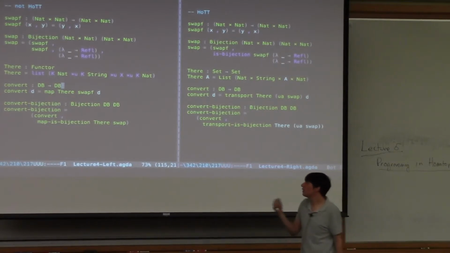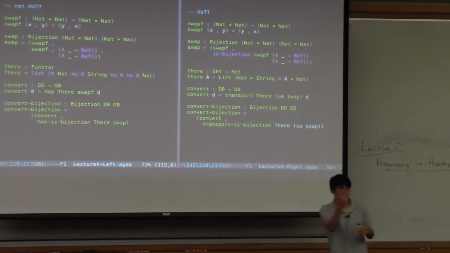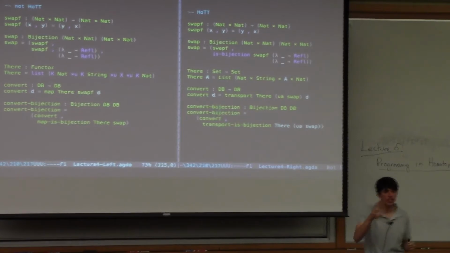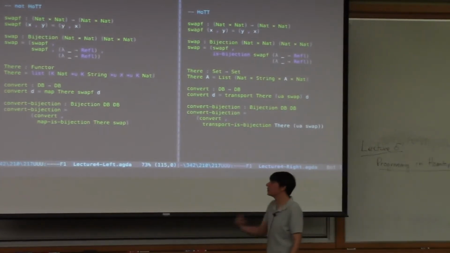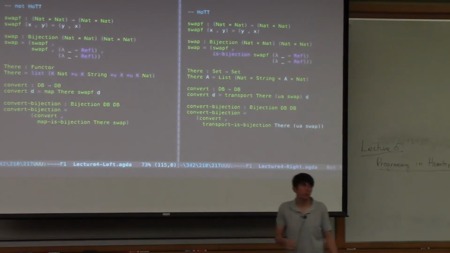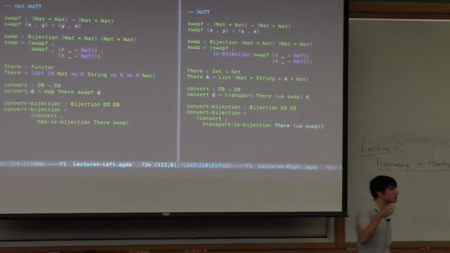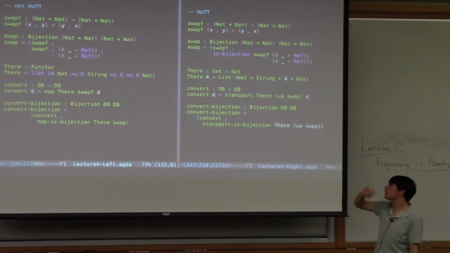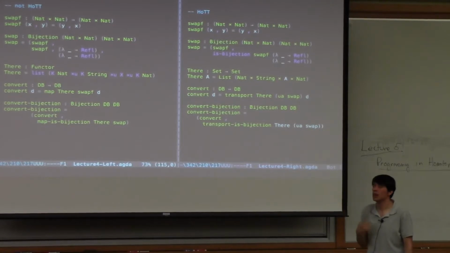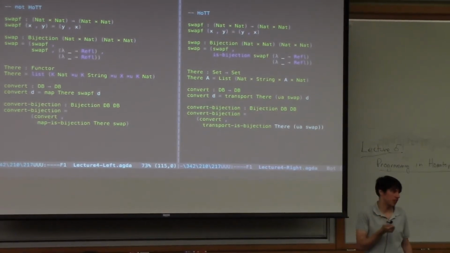And then we defined the conversion function that flips around the month day inside the data structure by saying map there and apply the swap function. And then we proved that the conversion function between the two databases was a bijection by saying it's defined by map, and map is always a bijection.